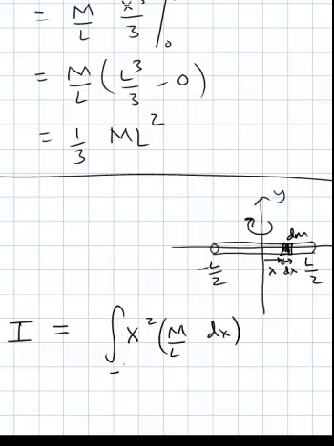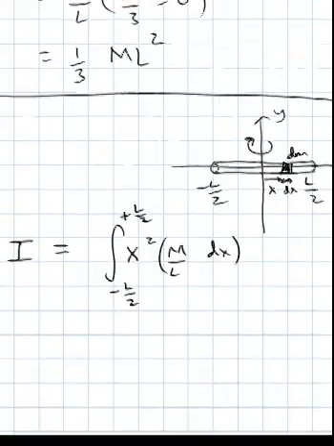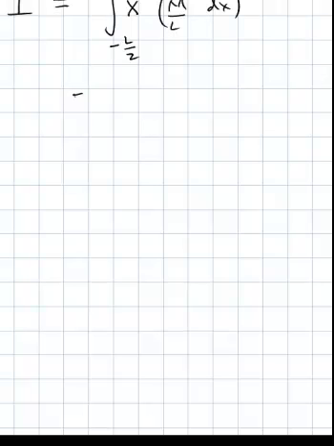And we're integrating over the entire rod, so minus L over 2 to plus L over 2. M over L, x cubed over 3 from minus L over 2 to plus L over 2.